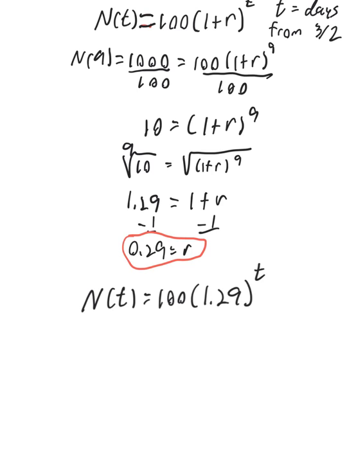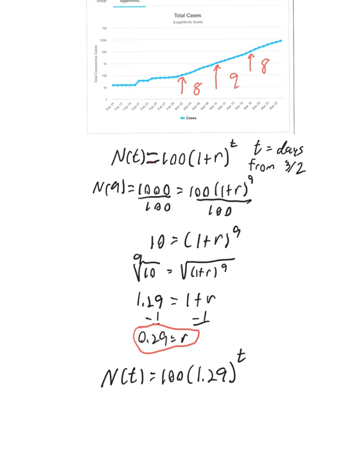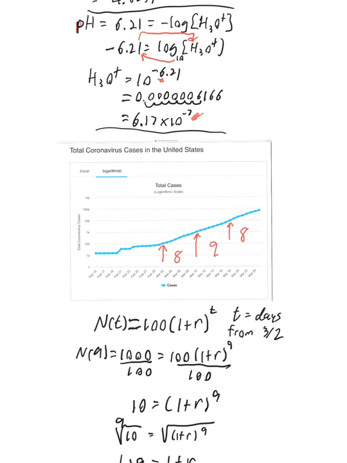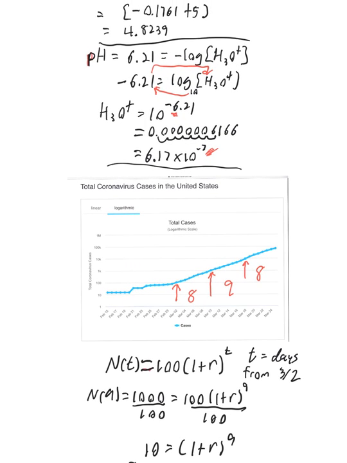So that's an example of a logarithmic scale and exponential growth. Generally speaking, if you see a graph that's linear in logarithmic scale like this, that's telling you this quantity is growing exponentially.